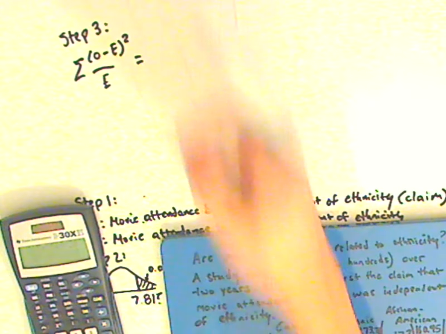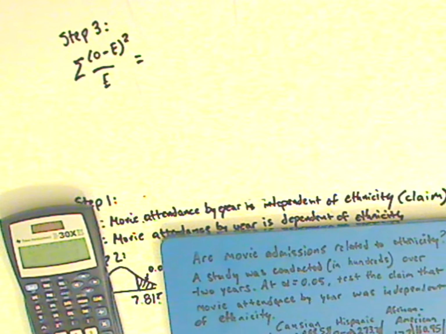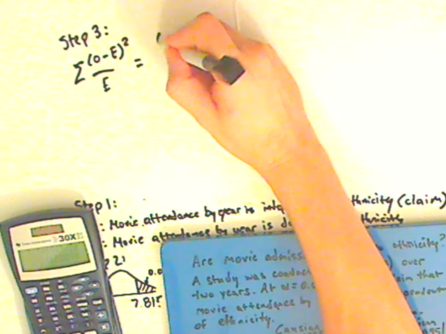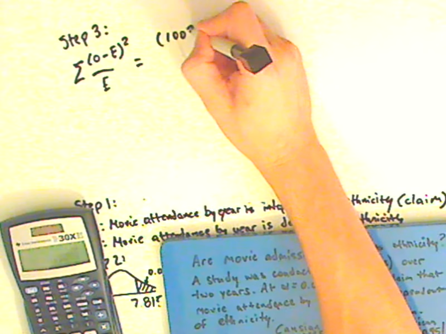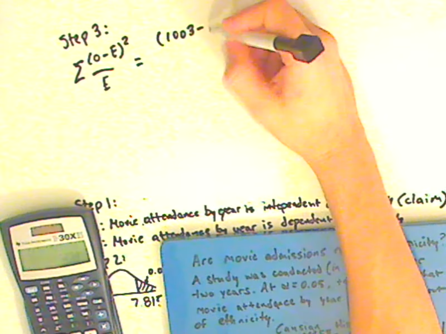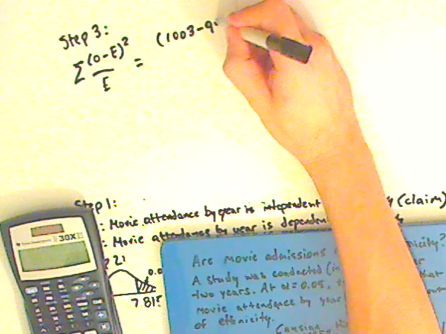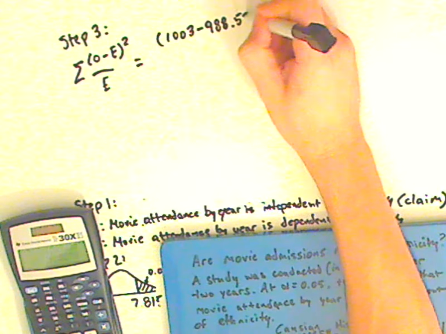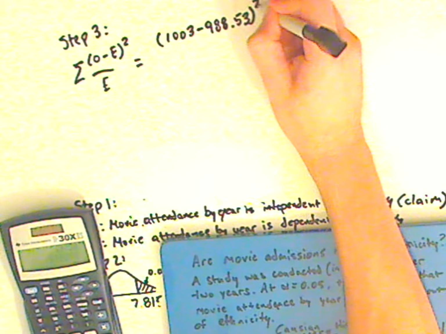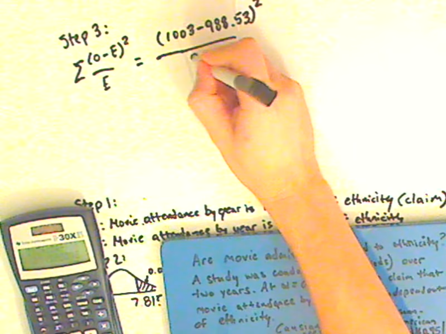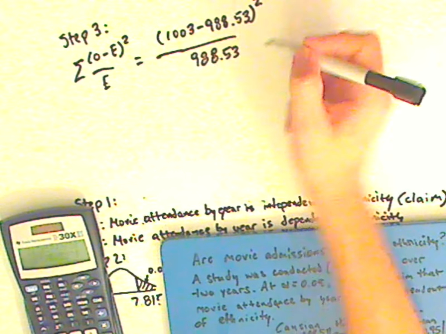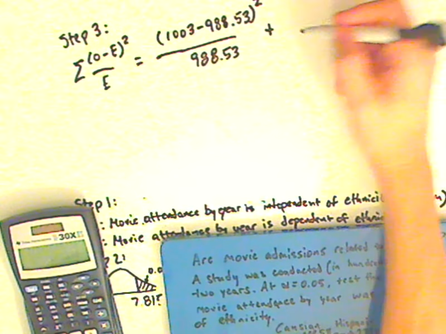I'm just going to write all these out. And so you have 1,003 minus the expected 988.53 squared over 988.53 plus.